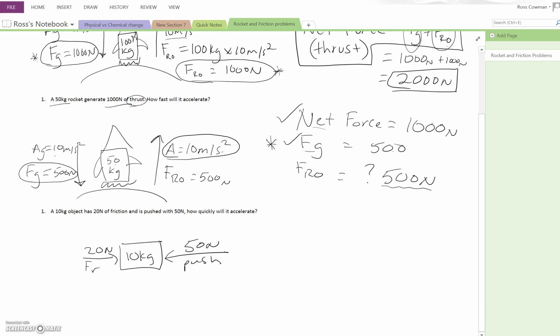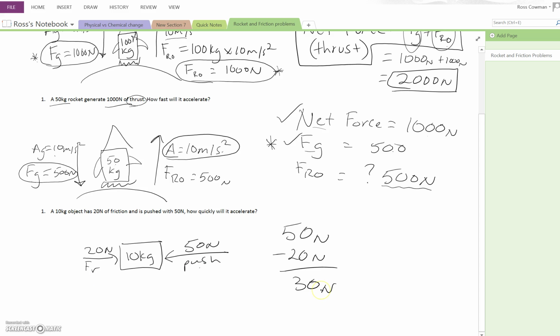Well, as we know, when two force vectors are pointing in opposite directions, since they're both pushing in on the box, or if one was pulling away and the other one's pulling in the other direction, we are going to subtract. So 50 newtons minus 20 newtons leaves us with 30 newtons. So that is what is left over of the force of our push after friction acts on the box.